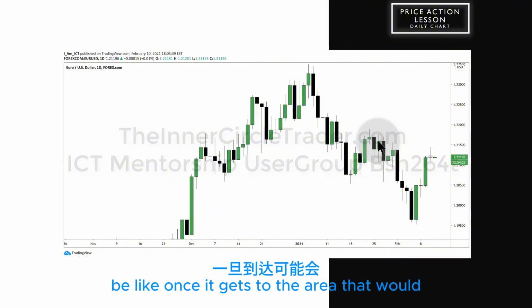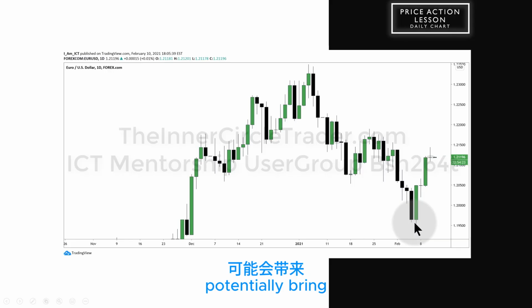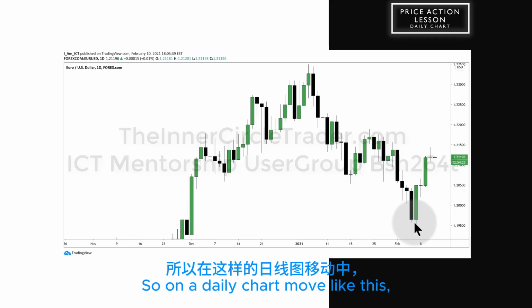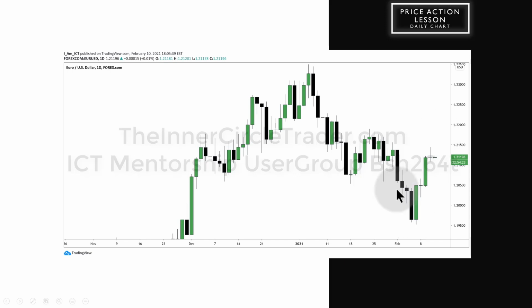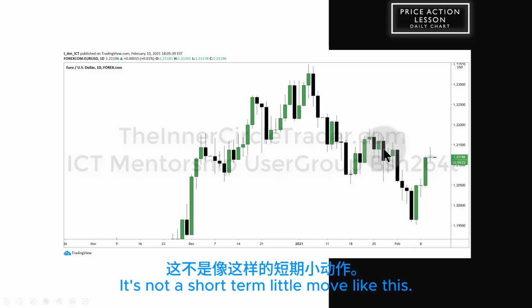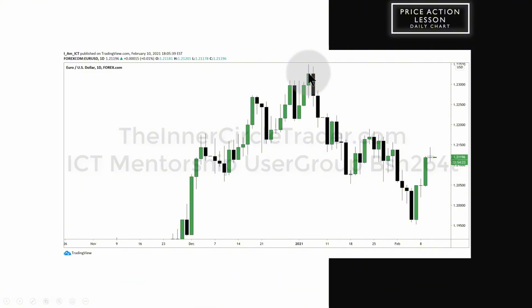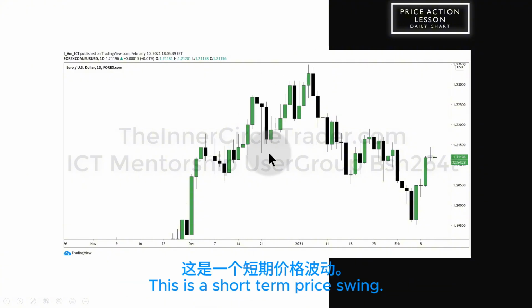once it gets to the area that would potentially bring an intermediate term price swing. So on a daily chart, a move like this is an intermediate term price swing. It's not a short-term little move like this. This is an intermediate term price swing. This is an intermediate term price swing. This is a short-term price swing.